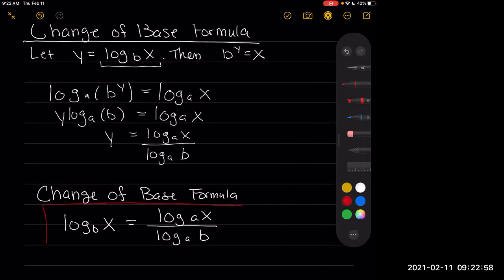And this is really helpful because your calculators only have log base 10 and the natural log, which is log base e. So if you need to compute a problem that's log base 6, you could do log base 10 of your number over log base 10 of 6, and that will give you the answer that you need. So that's why it's really important.